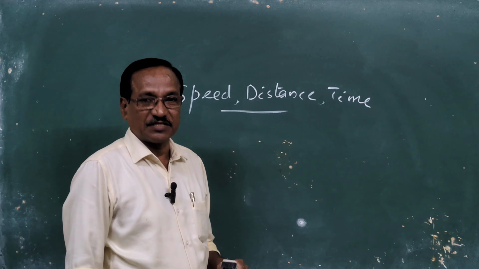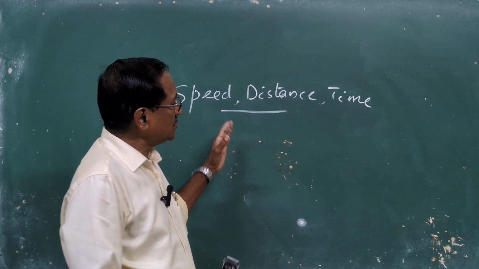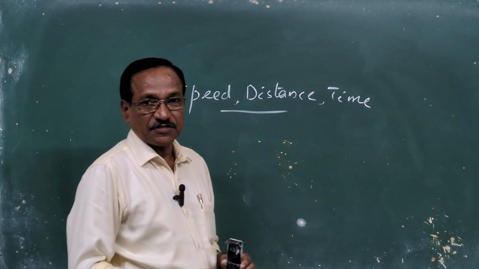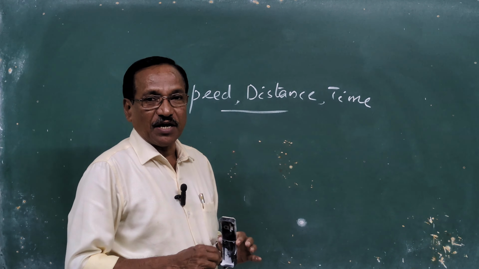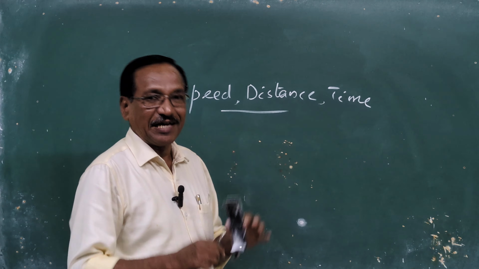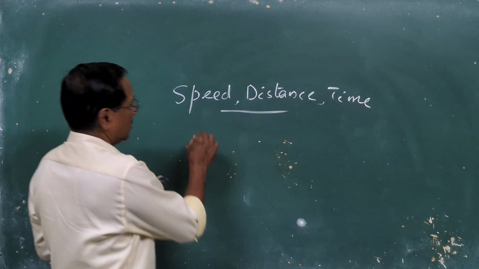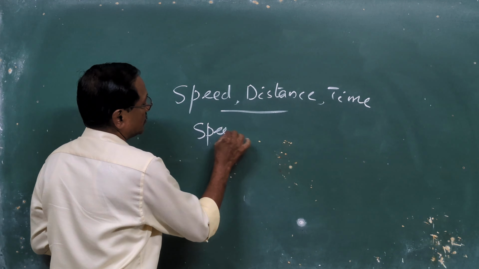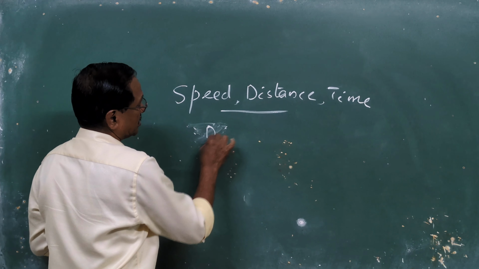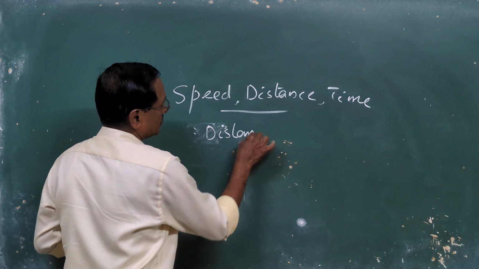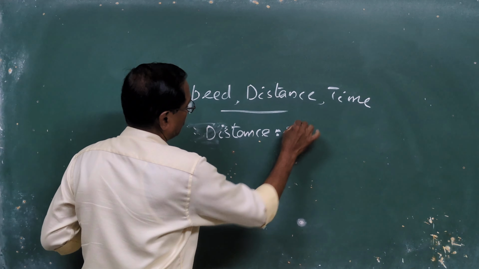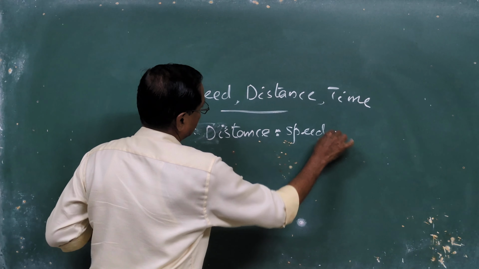Speed, distance, time. These three terms are connected, and the formula and the main theory behind the problems of speed is distance equal to speed into time.